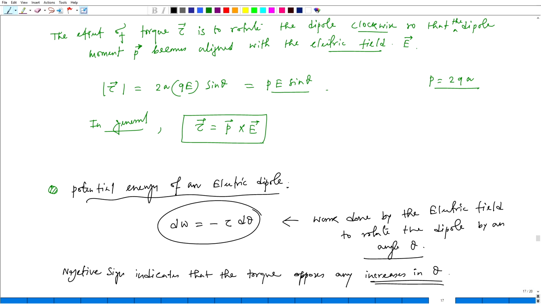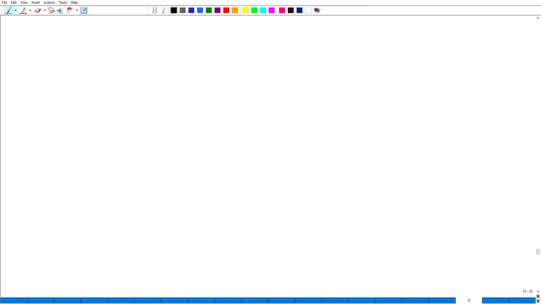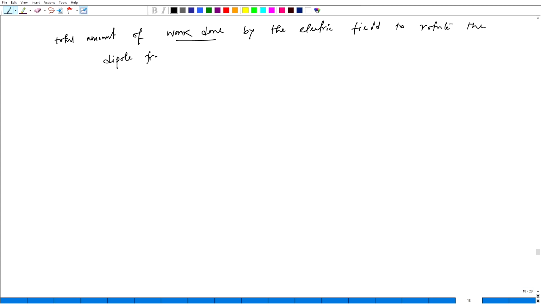Now we calculate the total amount of work done by the electric field to rotate the dipole from an angle theta naught to theta.